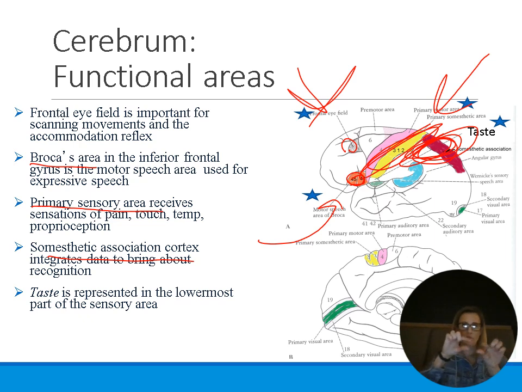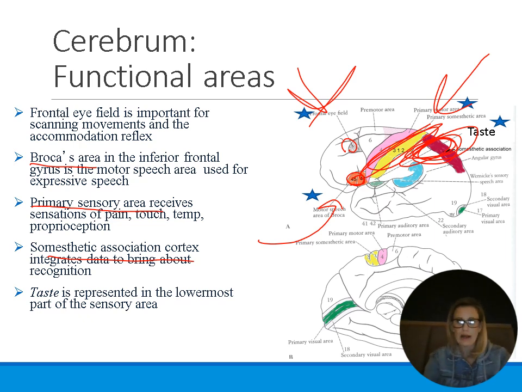So the primary cortex is in the postcentral gyrus, and then back behind that is the association area.